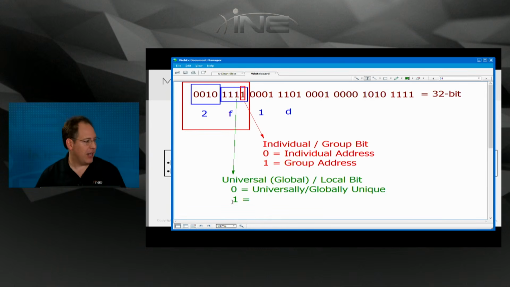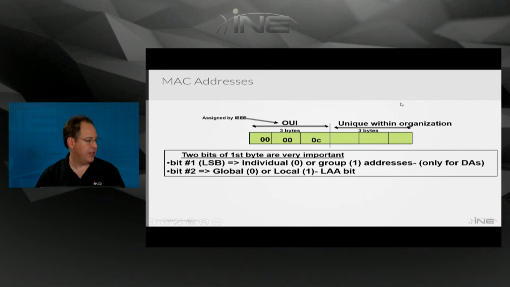So if I change it, I should take that second bit and flip it to a 1, which means that I have now created what's called a locally administered address. This MAC address is not the MAC address that was burned on here from the manufacturer. It has been locally modified. No guarantees anymore that this MAC address is unique. So those 2 bits have special meaning there. And that's what this slide is referring to.